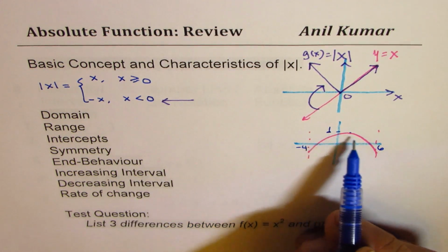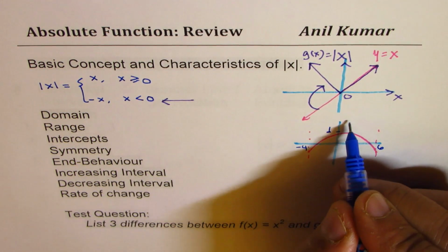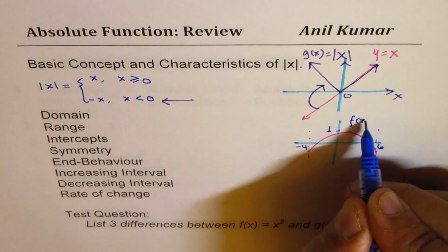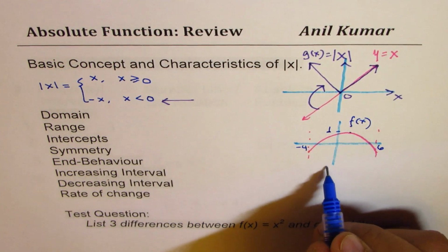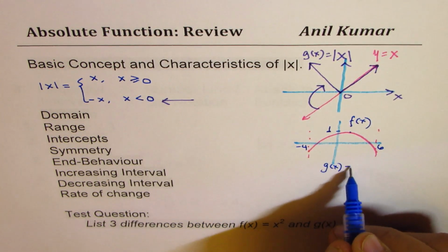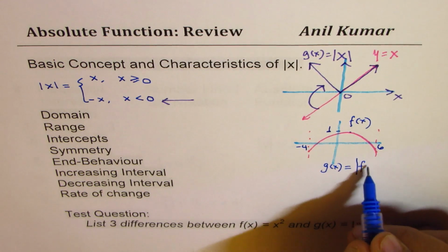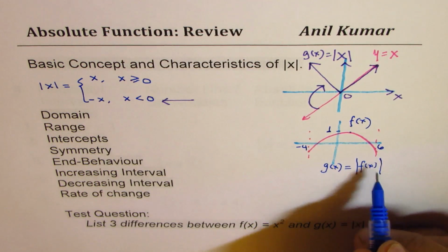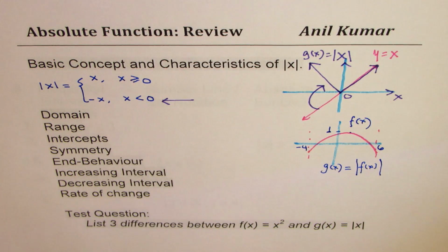Now, let's say this function is f of x, and if you want to sketch a graph of g of x, which equals the absolute value of f of x, what will you do? Well, simple as that.